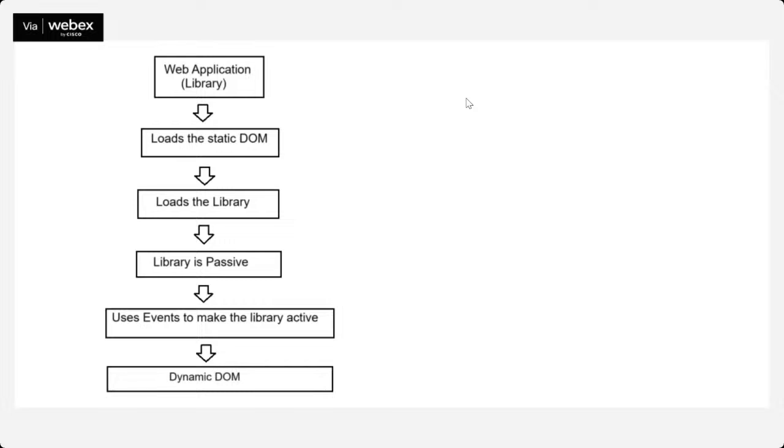And to invoke those functions and make them active, you need some events. By using these events, the library becomes active. Once the library is active, the static DOM is converted into dynamic DOM so that it starts interacting with you. This is the nature of a library.